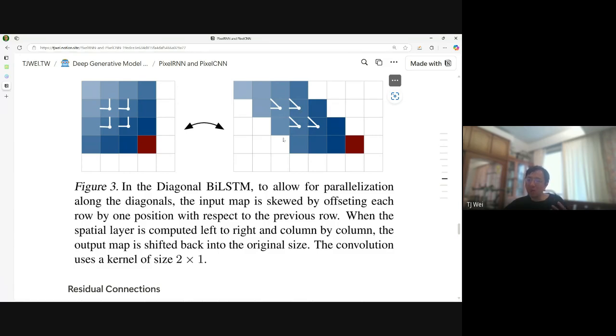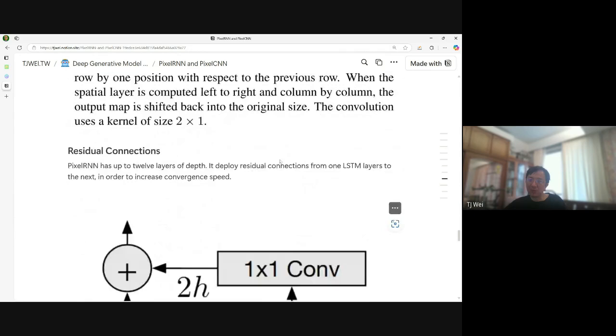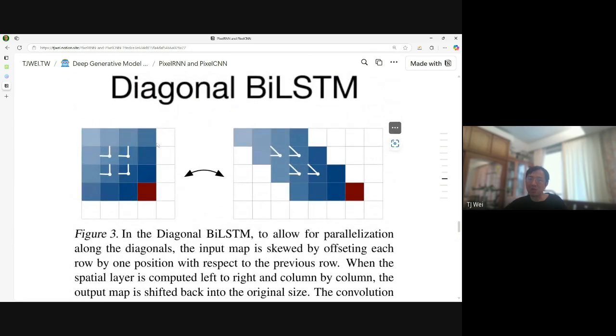The only thing we need to consider is the order. If you have already seen the skewed image, like the shifting of each row by a different size, it hints that we can probably use a convolution instead of the LSTM.